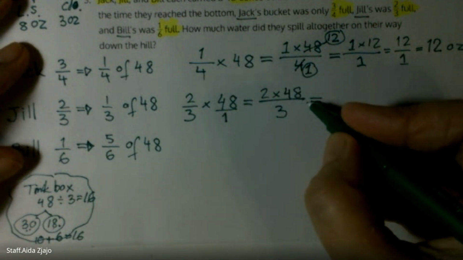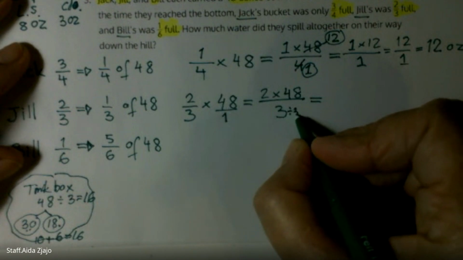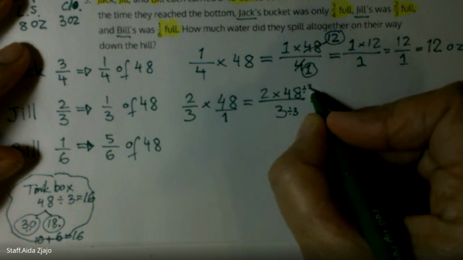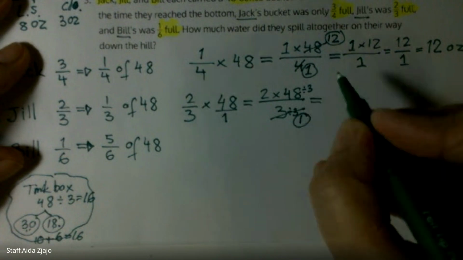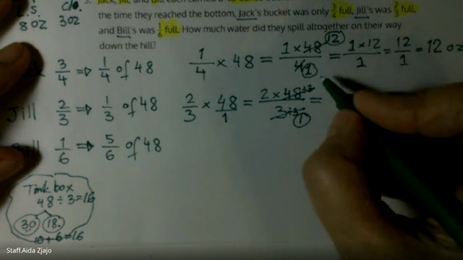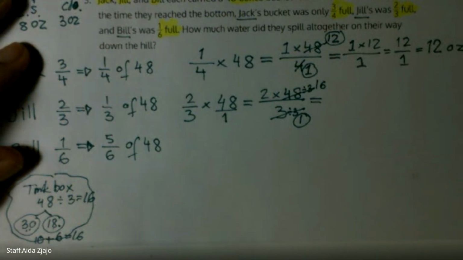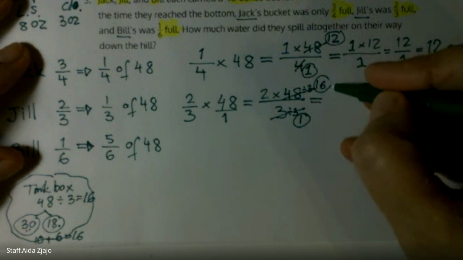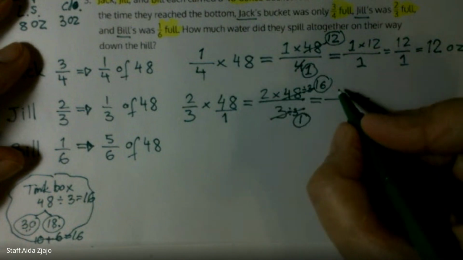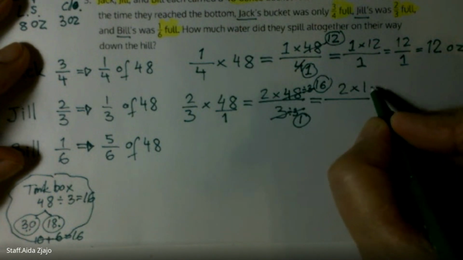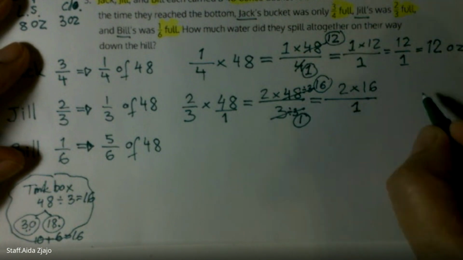I can simplify this by dividing by 3. Sometimes I do it like this, divide by 3, so you know what I was doing. So that is 1 left, and here is 16 left. Okay, so now when we simplify, we have 2 times 16 divided by 1.